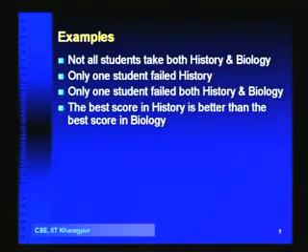One way is to say that if we have an X who is a student and who has taken biology, let X be a student who has taken biology, then there exists a Y, a student Y who has taken history, and the score of Y in history is greater than the score of X in biology.